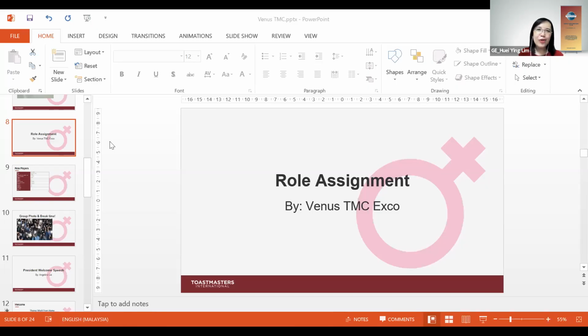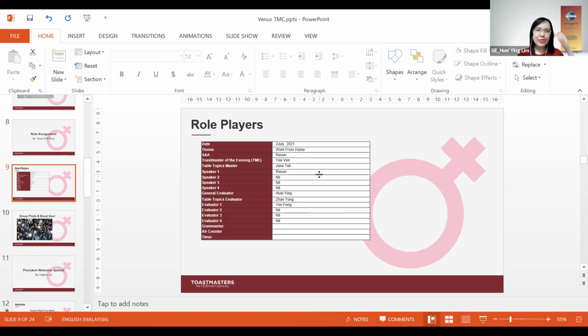Angeline already mentioned in the chat, if you all would want to take up the technical roles, come on, give it a try. Would anyone want to volunteer to be the grammarian, the R counter, as well as the timer?